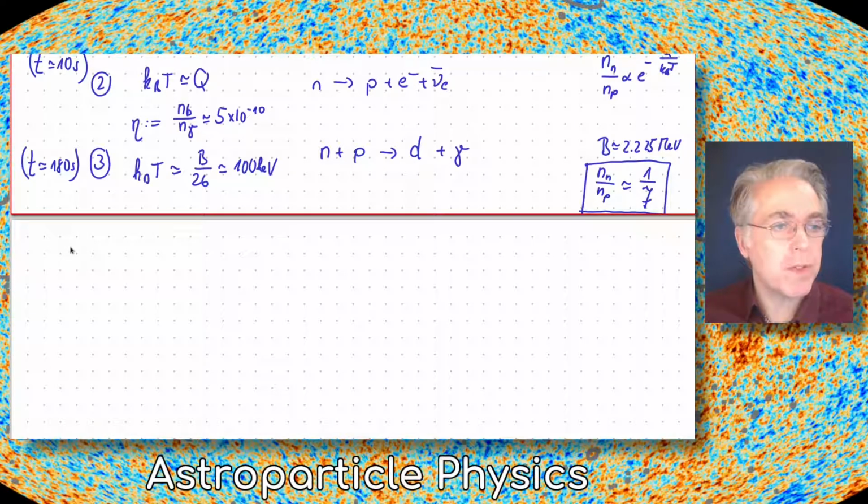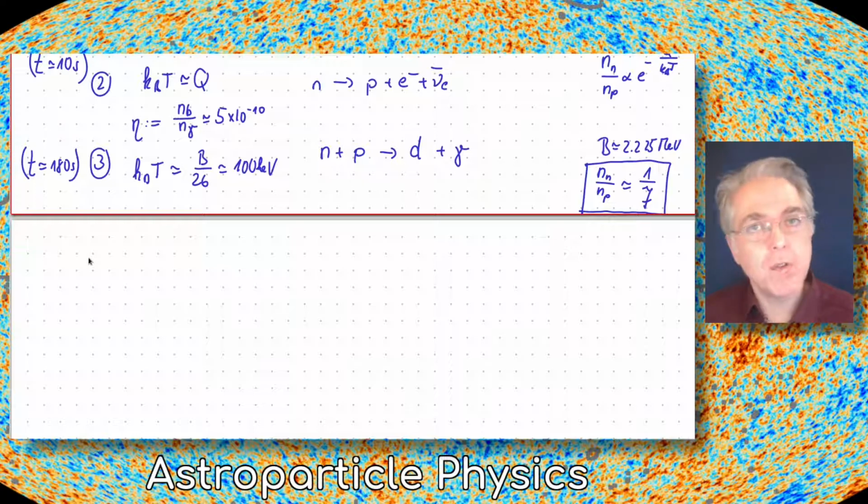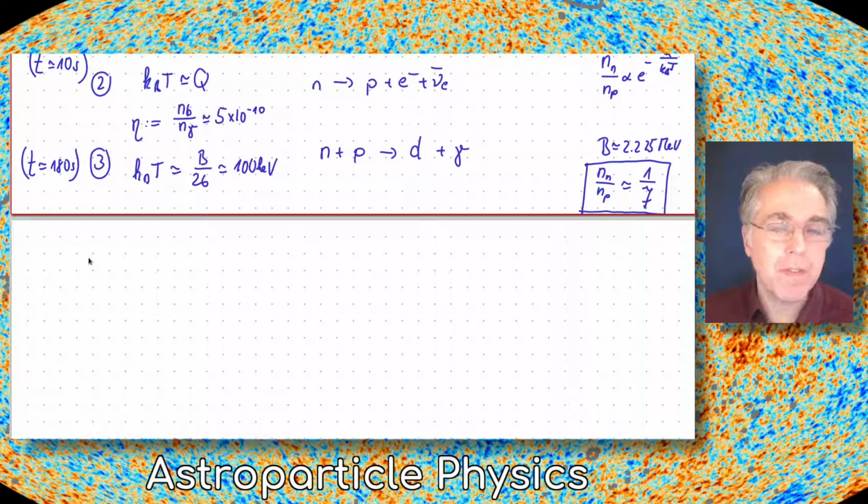Otherwise, you may have trouble that you will not have the right amount of helium left. If you produce too much deuterium, you lock up all the neutrons, and then you cannot go to heavier elements, and you don't have any helium anymore. Or you could have too little deuterium, and then you will not have enough deuterium to form heavier stuff. So it's really requiring the right tuning.